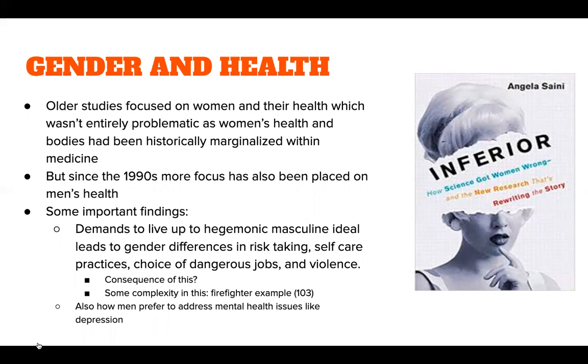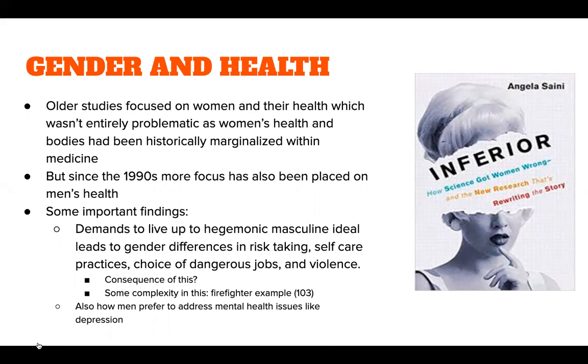And all of this, of course, just leads to them, on average, having shorter lives, and being more likely to die from certainly accidents, but also violence, as well as some chronic diseases. Your book also talks about how there's even a gender difference when men do seek out care, in the types of care that they seek out.